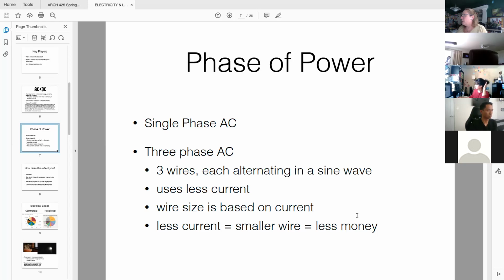Within our grid system and our utility company providing power to all of our various locations, believe it or not, there's two different ways that they do it. There's single phase AC, and then there's three-phase AC. And what you will find is that residential neighborhoods, residential areas will only have single phase power in the distribution lines that you can access, versus commercial areas will typically have three-phase.